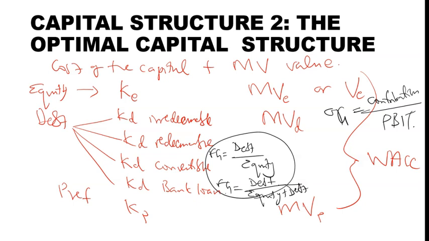Now we want to touch on what determines the amount of debt or the amount of equity. Let us just say the ratio of debt and equity. What determines that? We are now focused in more detail on financial gearing.